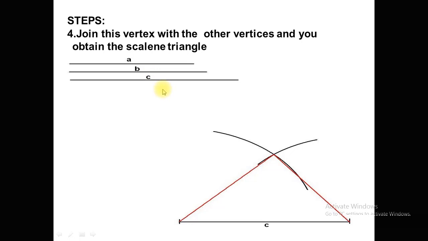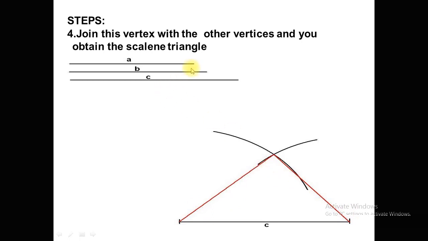So for the construction of a different sided triangle, we have the length of all three sides, but the lengths of all three sides are different. So the length of the largest side is considered as a base. Then open the compass about the length of the other side and put the compass at this end point. You can use either end point.